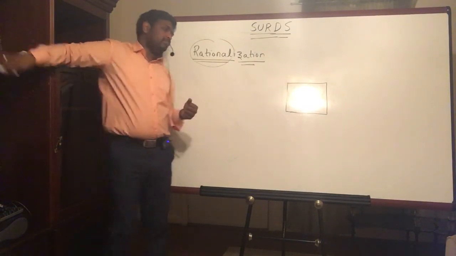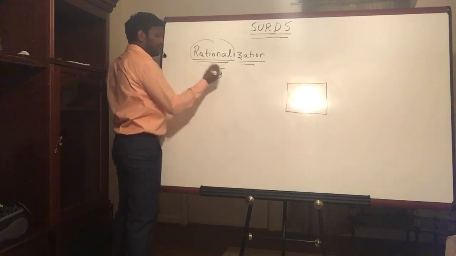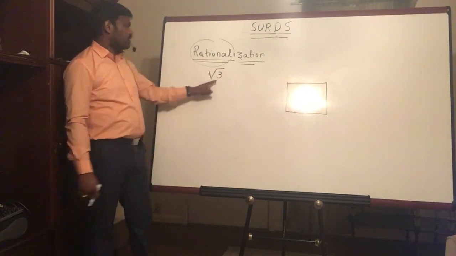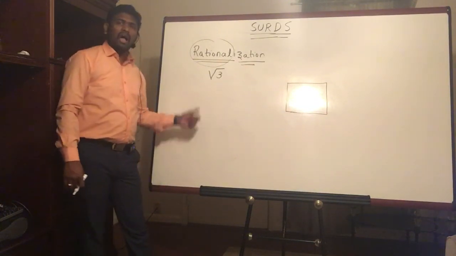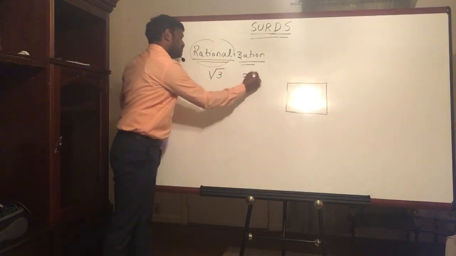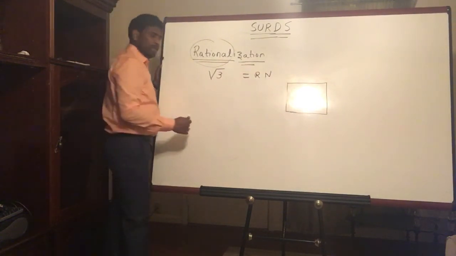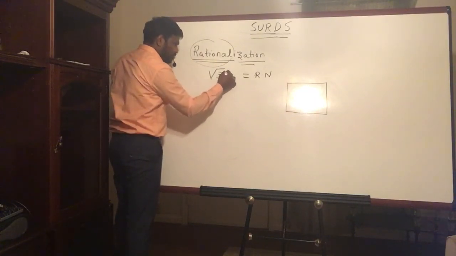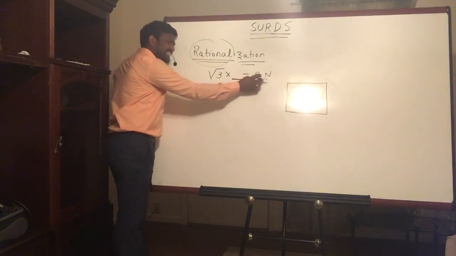For an example, I'll take root 3, square root of 3. It's an irrational number. Now I need to convert this irrational number to a rational number. In order to make it a rational number, I need to multiply something so that I should get a rational number.